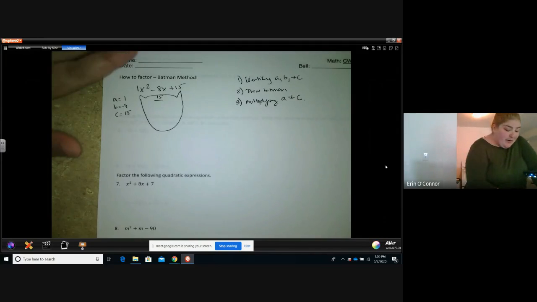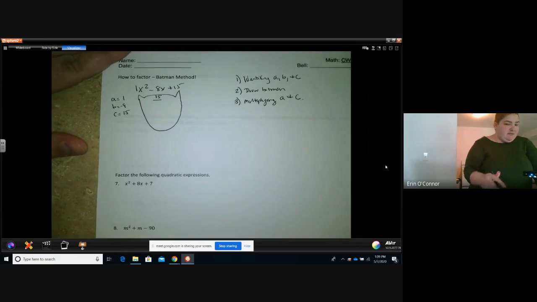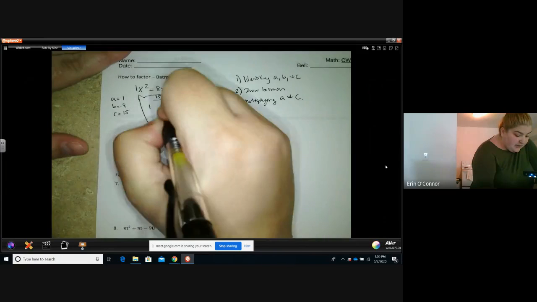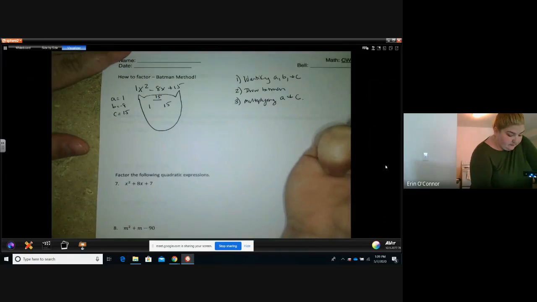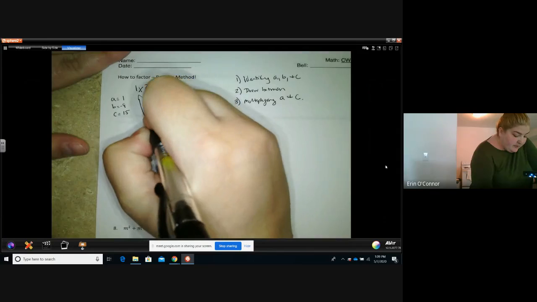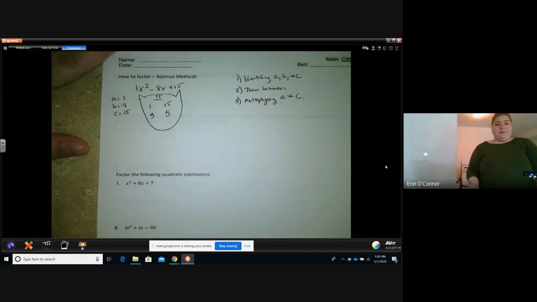So now we need to find the factors of 15, meaning what two numbers multiply together to give me 15? Well, 1 and 15 do. And so do 3 and 5.